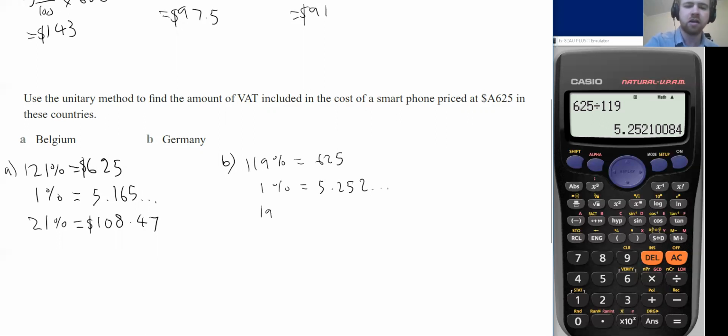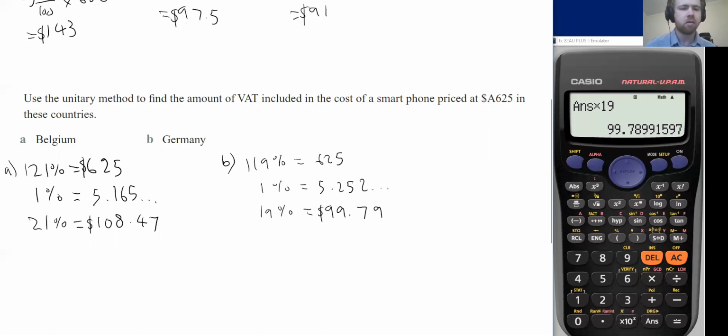And then 19% is going to be times our answer by 19 and round to the nearest cent. So it's going to be $99.79 is what the VAT component of that price is.